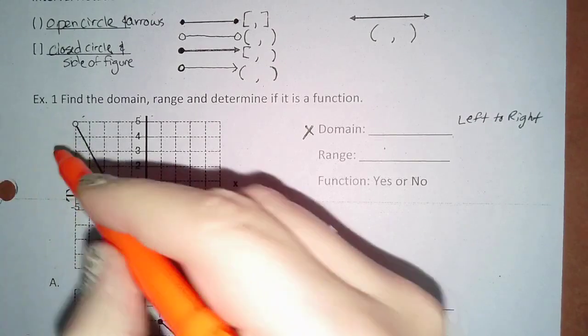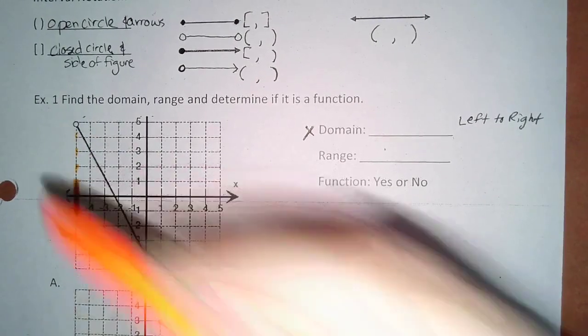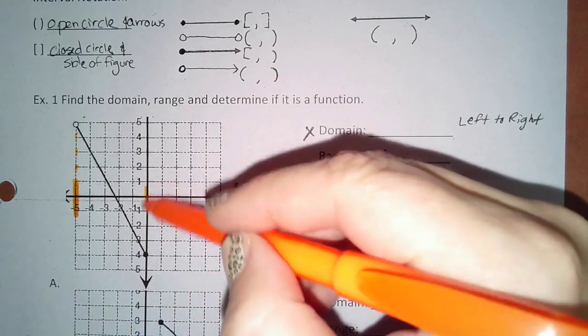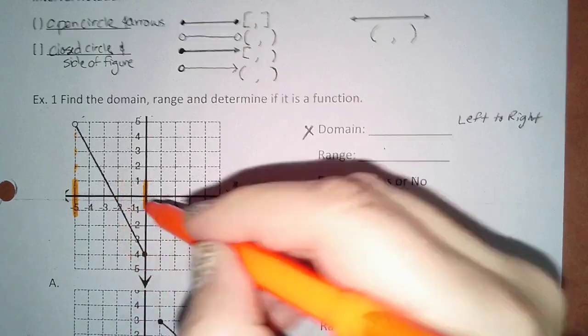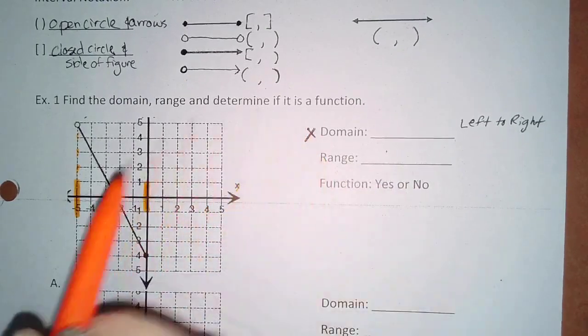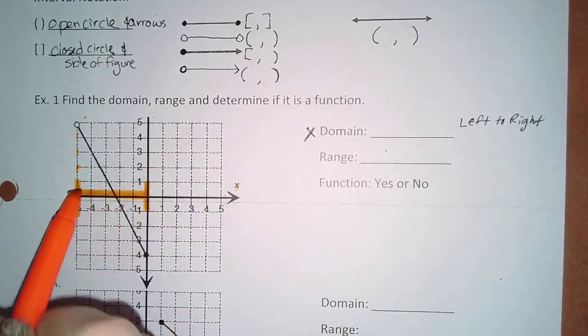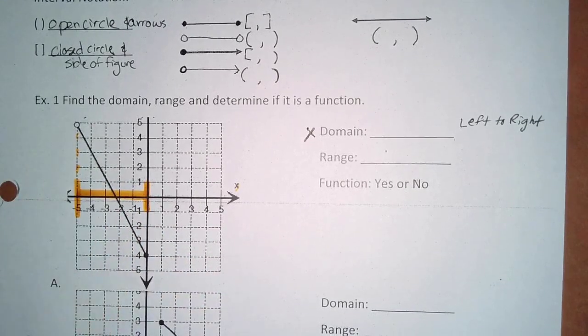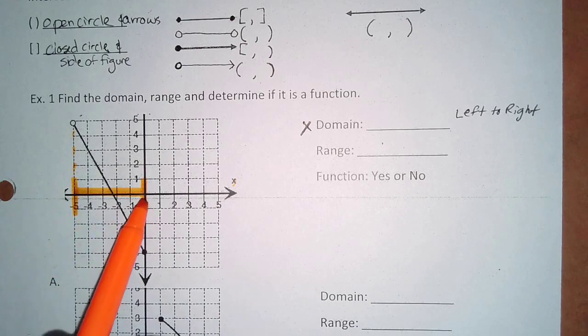So I'm going to track that down to my x-axis. And the furthest point to the right is here, and I'm going to bring it down. We're working on our x's. So every point between these two is included because the line is continuous. So my domain is from -5 to 0.